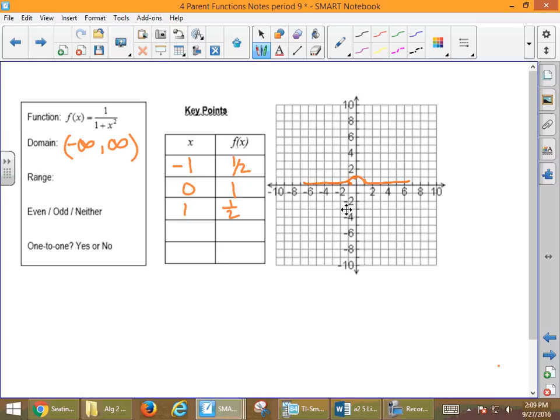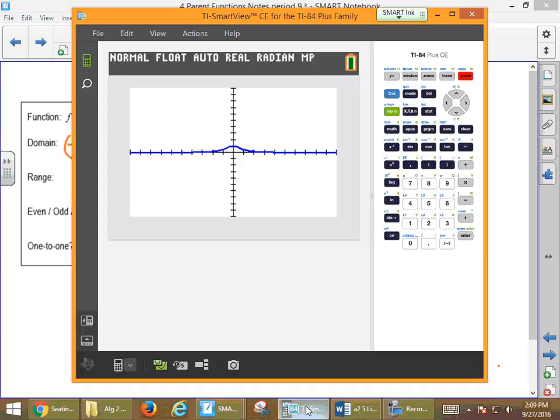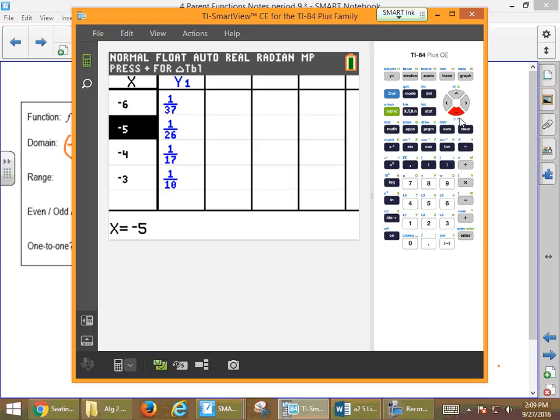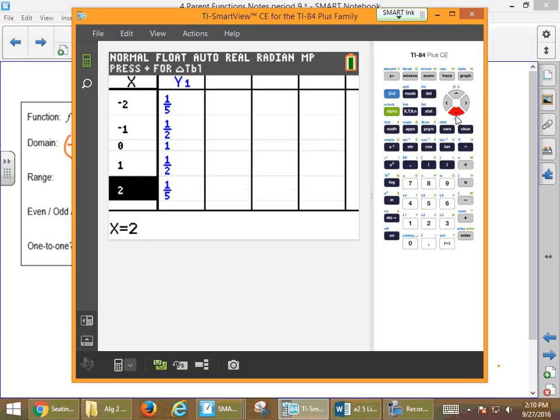But in terms of our range here, as we look at the table, I'm going to look at the table just a little bit more. As we scroll through here, our fractions are getting pretty small. And then we've got 1. But again, our fractions are getting pretty small.